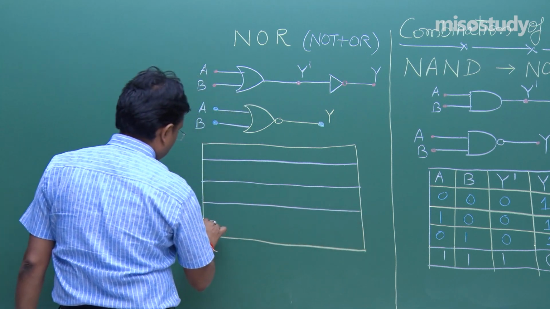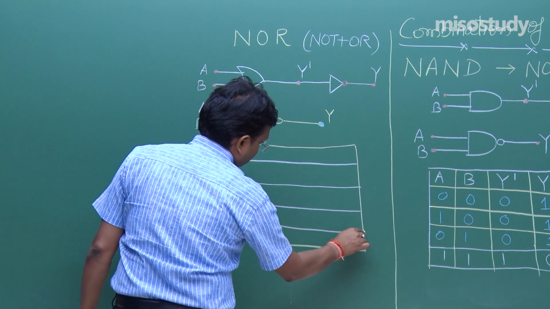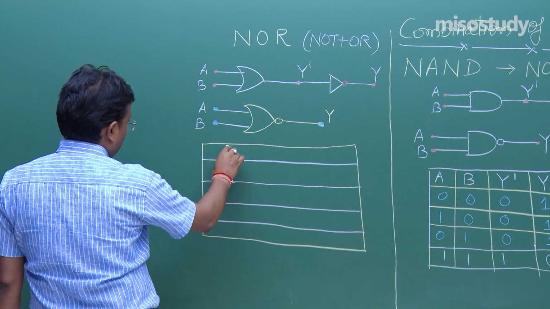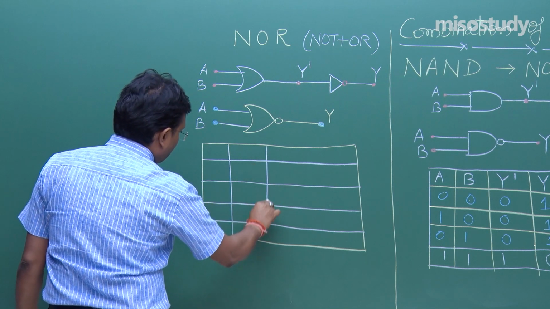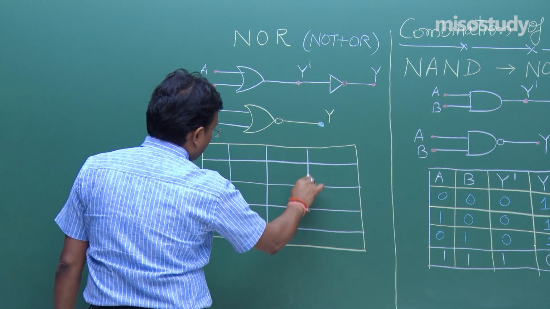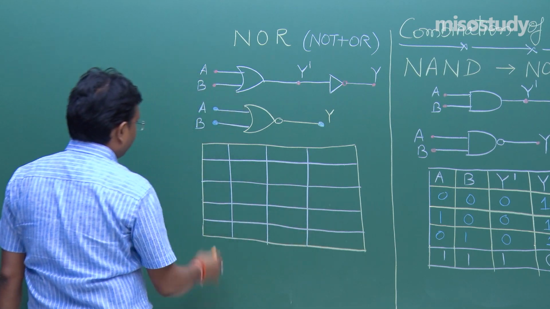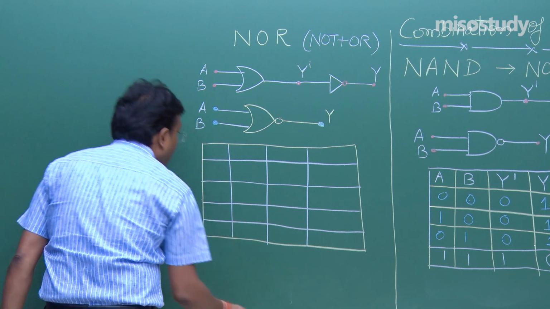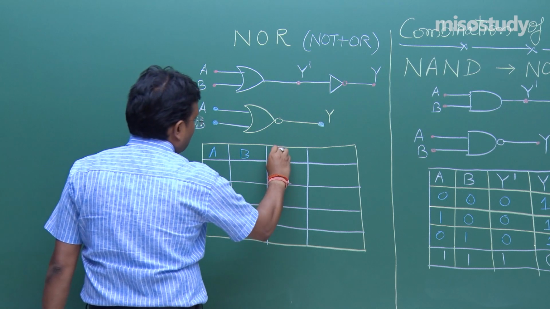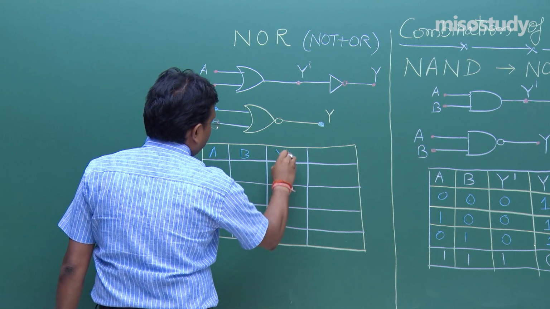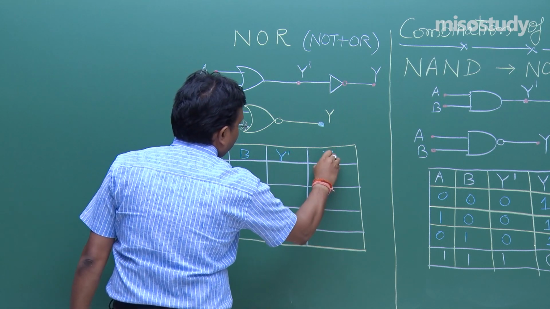Okay. So now A input, B input, Y prime. Fine. And it is Y.